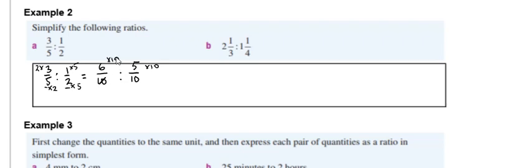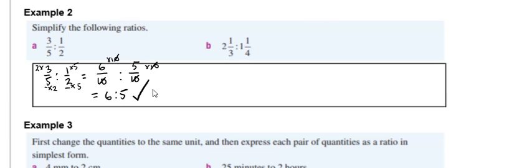The tens cancel, and I'm left with 6 to 5. A quick check: can we simplify 6 to 5? There are no numbers that go into 6 and 5, so that is our answer.